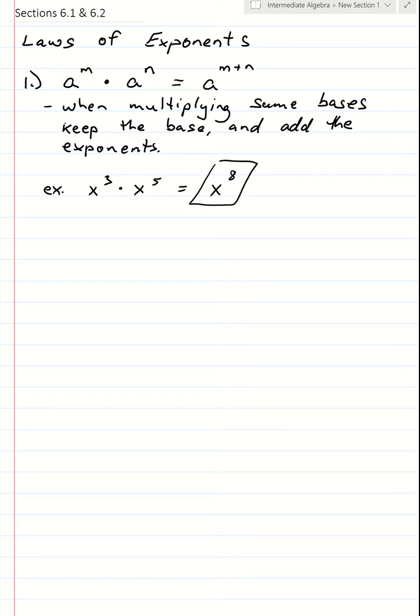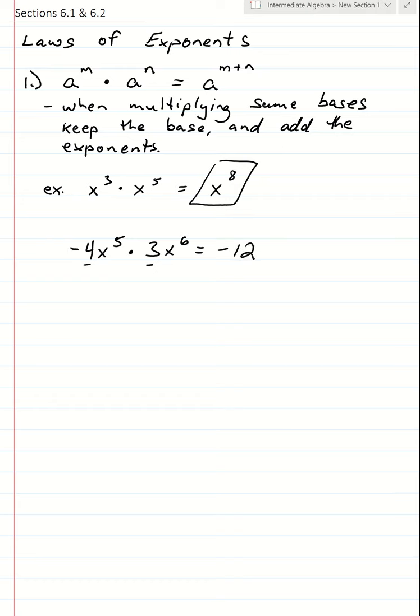And that would be your simplified expression. Let's say, for example, we had a negative 4x to the fifth being multiplied with maybe a 3x to the sixth power, and we want to simplify this. Well, we would want to multiply the negative 4 with the positive 3, and that, of course, would give us a negative 12.